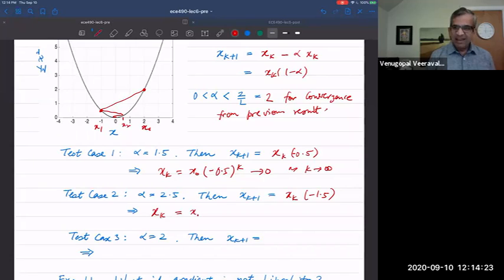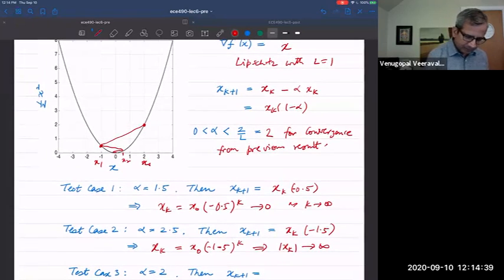So xk is x0 times minus 1.5 to the power k. This implies that the absolute value of xk goes to infinity. It blows up.